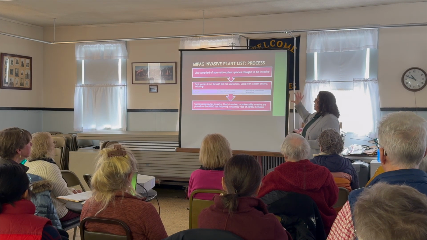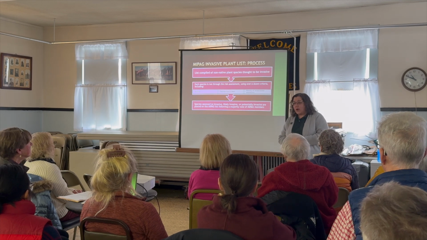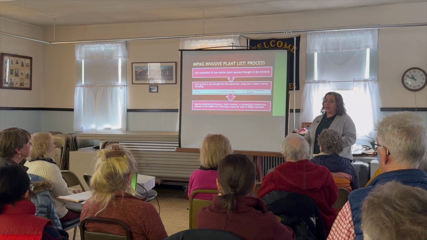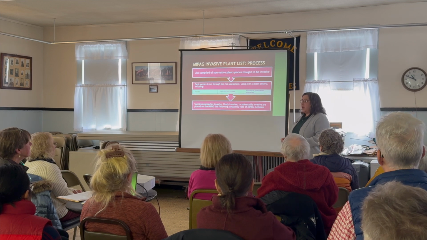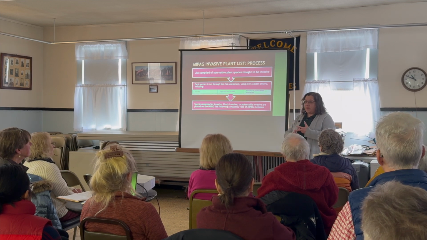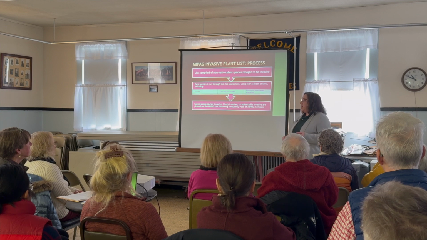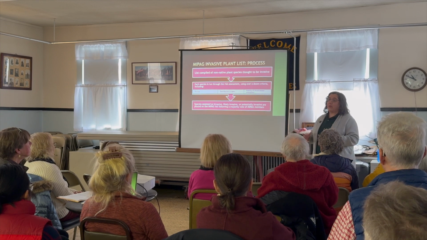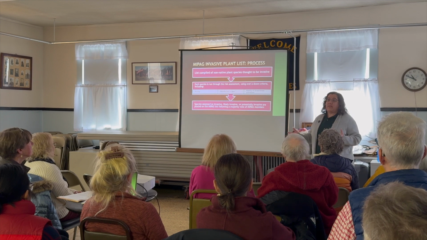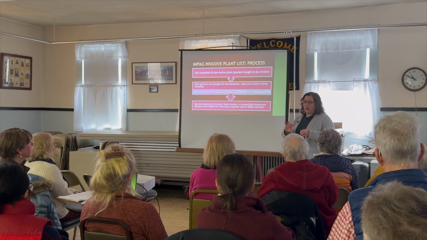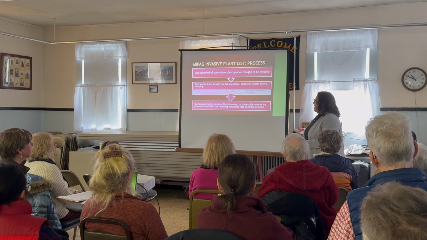A species gets picked from that list and gets run through a risk assessment using over a dozen criteria, including things like the biology of the plant. Is it an herb? Is it a woody species? Is it evergreen? Its distribution in Massachusetts already. Its history of invasiveness any place else in the world, including the Northeast US.